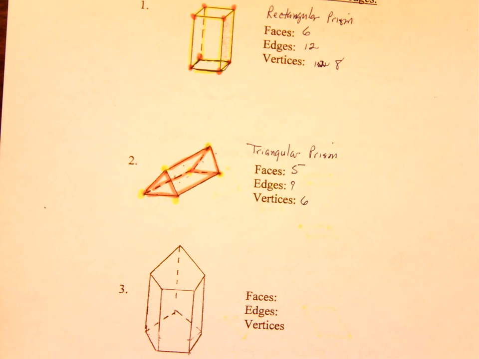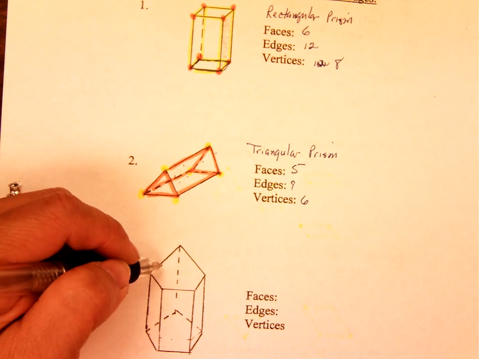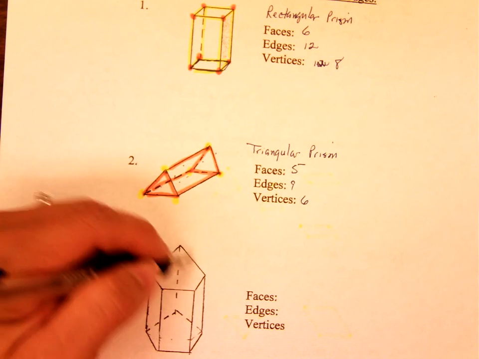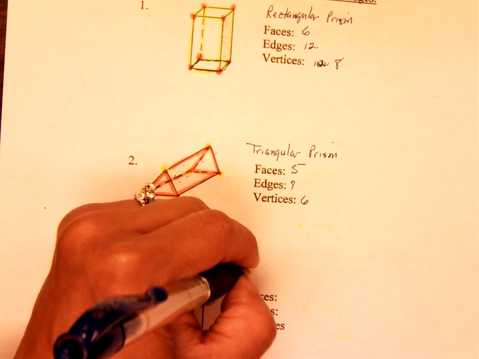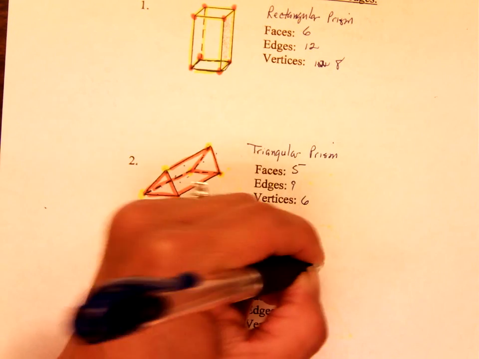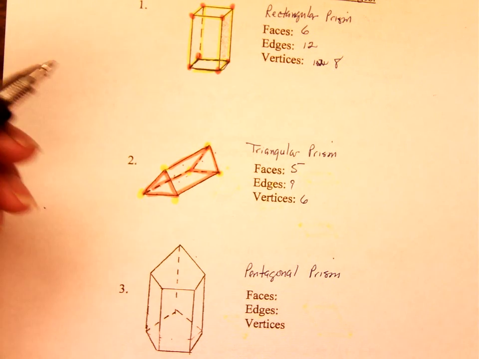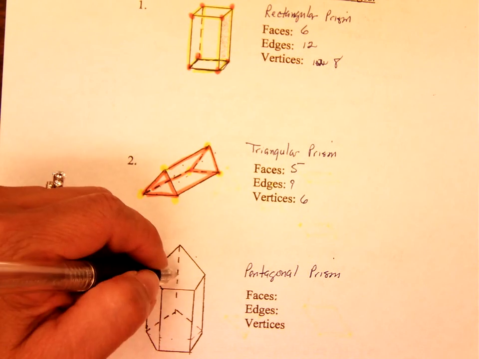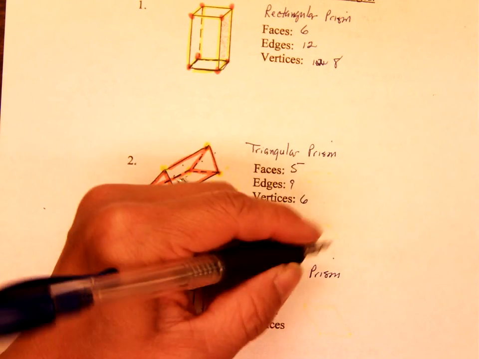Okay, and then last one, first of all, naming the shape, this is 1, 2, 3, 4, 5. So this would be a pentagonal prism. Okay, so here faces, top and bottom, 1, 2, 3, 4, 5, 6. So 6 faces.